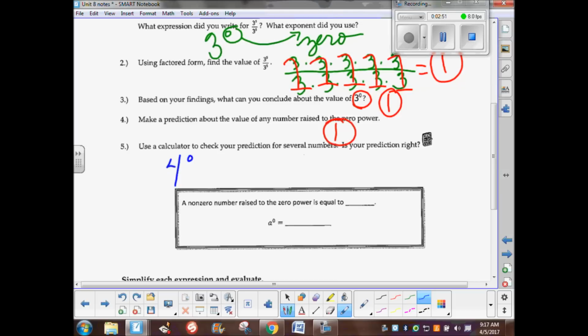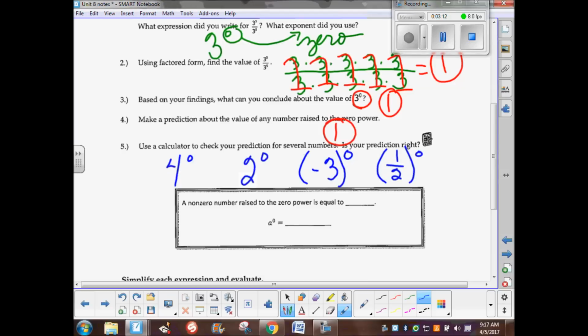The 4 of you in the front, type in 2 to the 0 power. Middle guys here, you type in -3 in parentheses to the 0 power. And you guys over on the wall, you do in parentheses 1/2 to the 0 power.